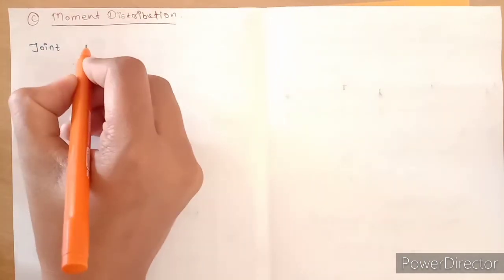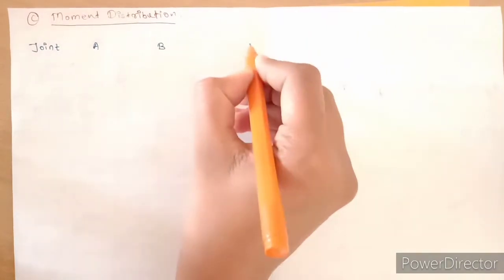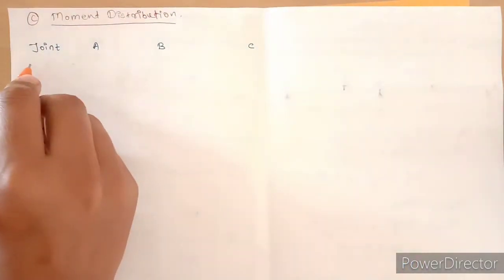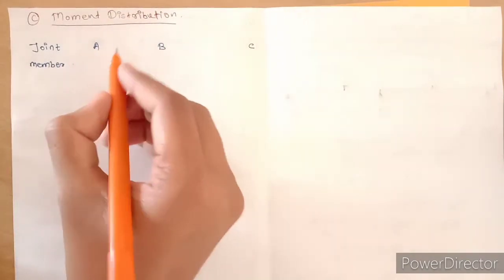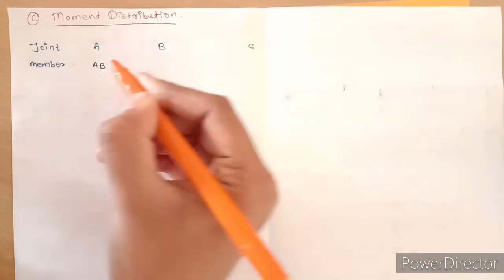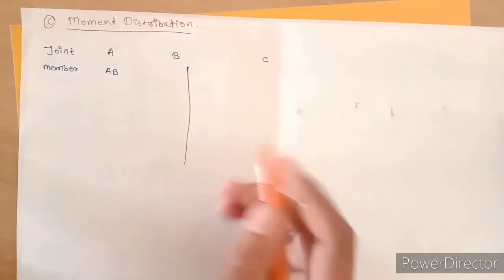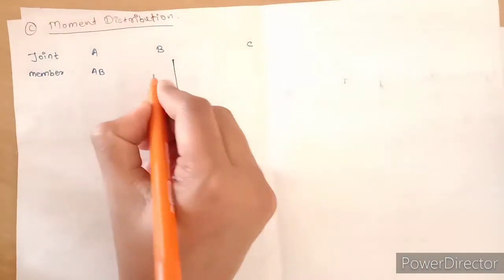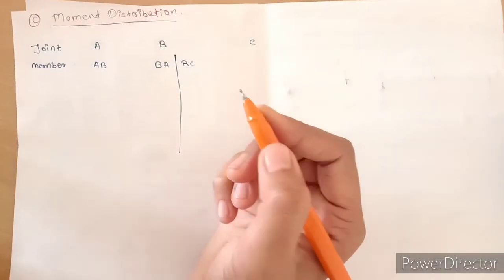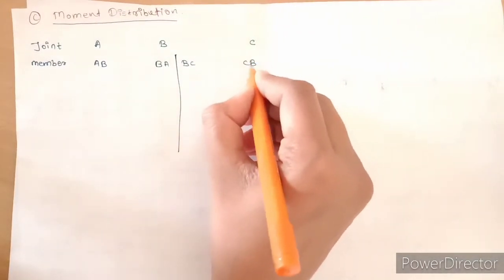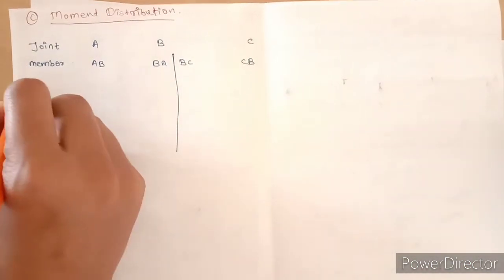There are three joints, that is A, B and C. Then next is the member. For joint A, the AB member acts. For joint B, two members act, that is BA member and BC member. And last, for joint C, the CB member acts. Then the next row is fixed end moment.